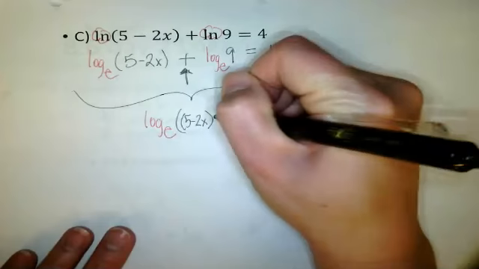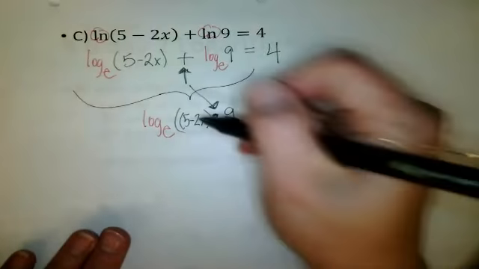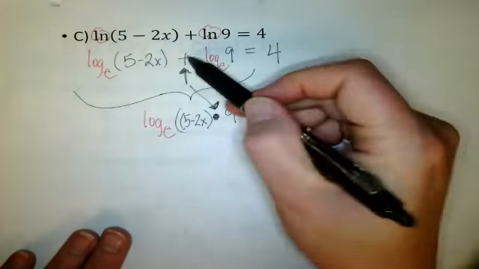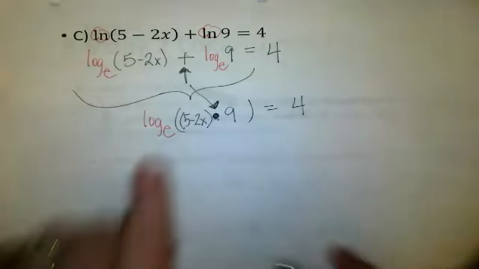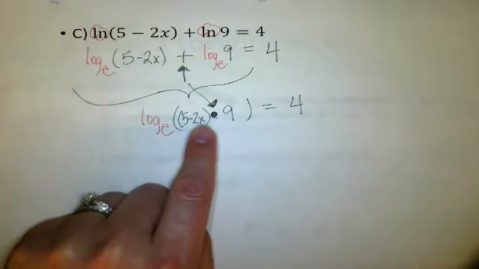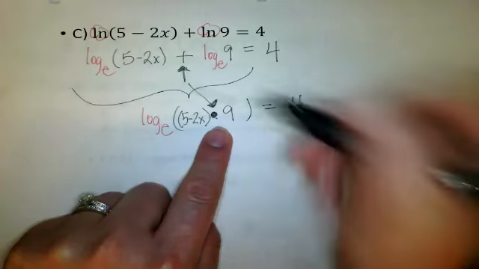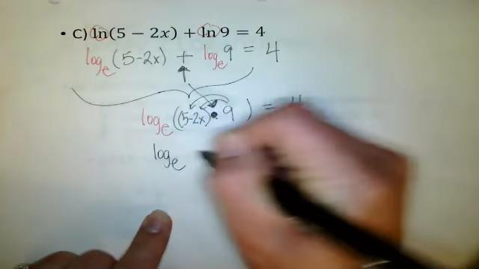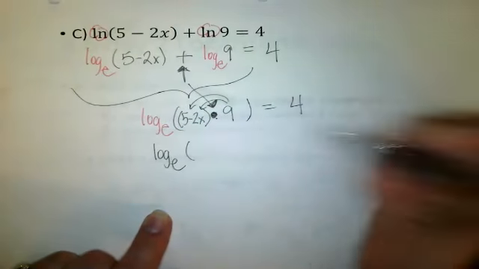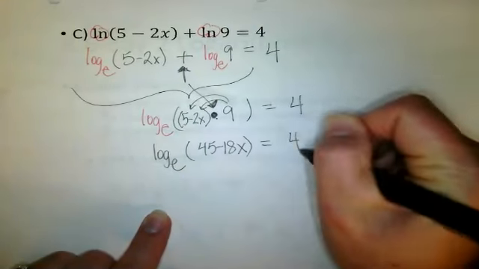The product property allows us to add those logs. So we're doing that in reverse. Add turns to multiply, subtract turns to divide. Okay, what do we have to do with this 5 minus 2x times 9? Distribute, yes, you do need to distribute those together. So you have log base e of what? 45 minus 18x, okay.